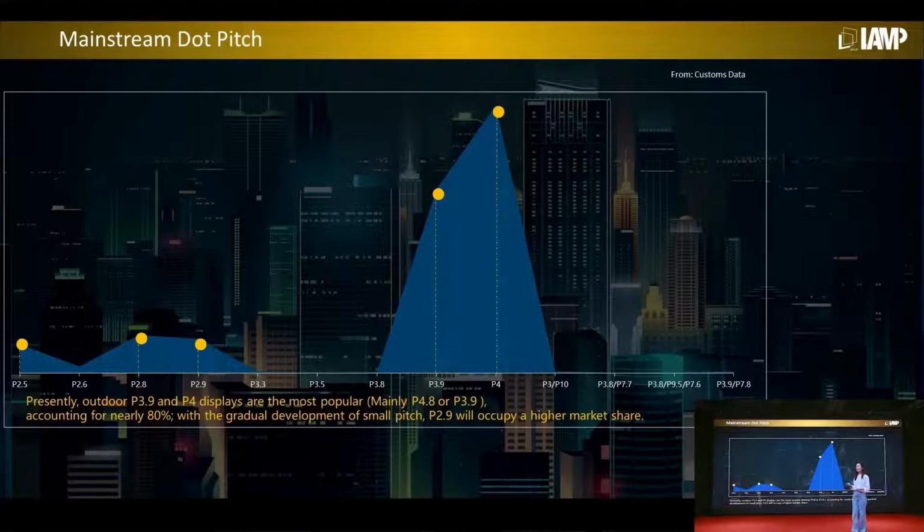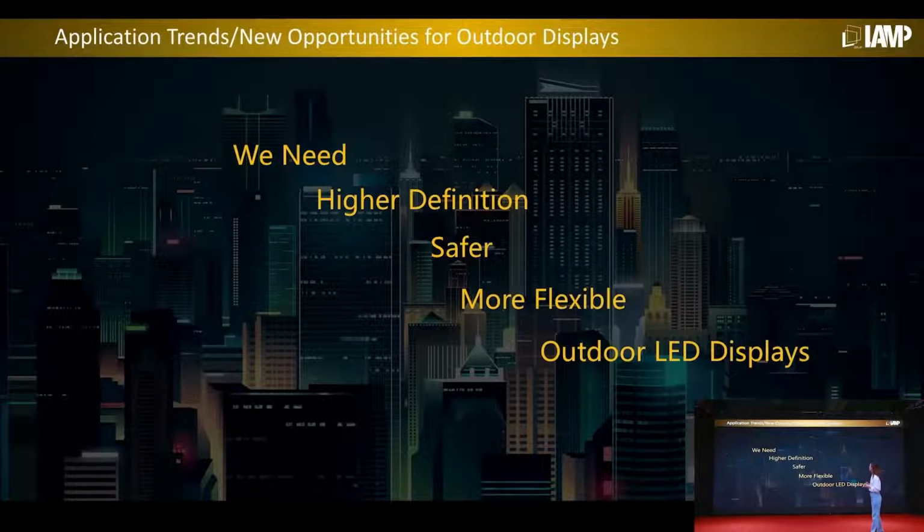So don't forget to contact us for these products, because we predict it is a trend in the market. Yeah, so the market is requesting higher definition, safer, more flexible outdoor LED displays with an advertising function.